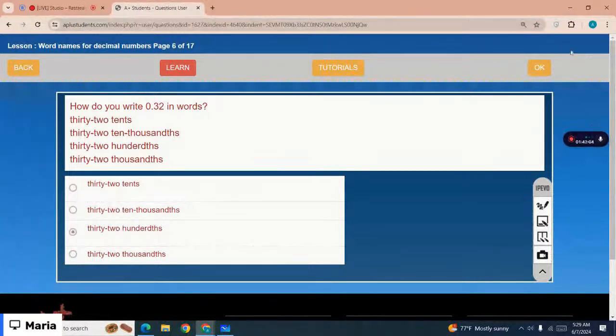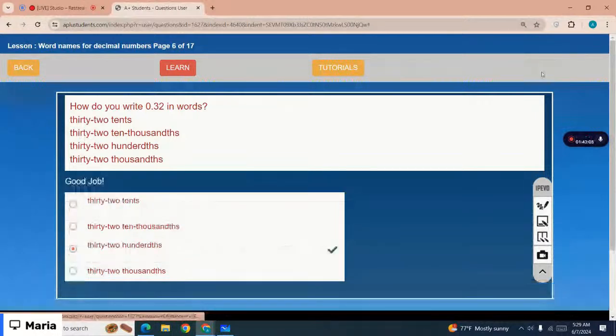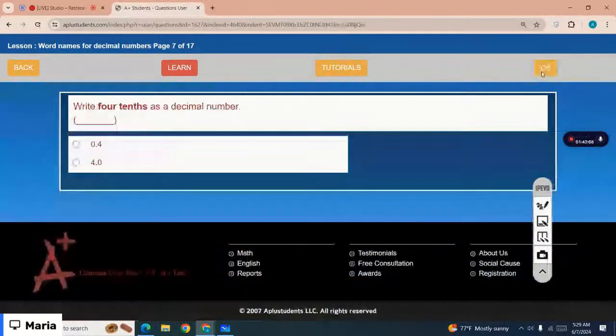Option number 3 is the correct option. Write 4 tenths as a decimal number.